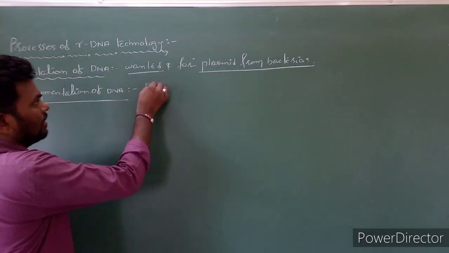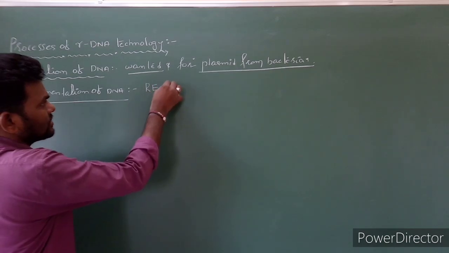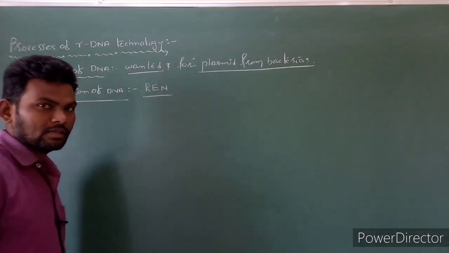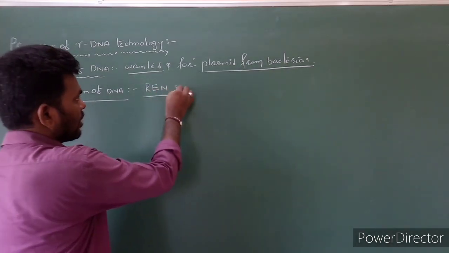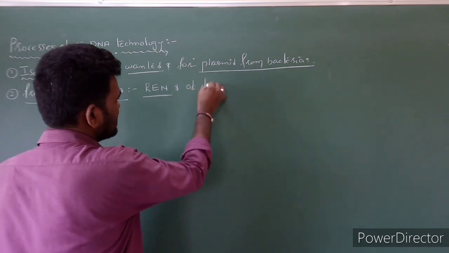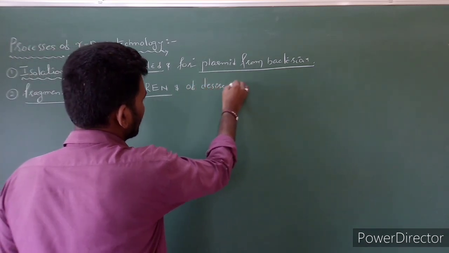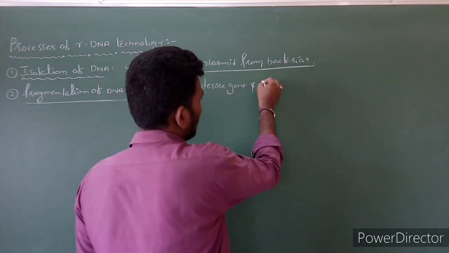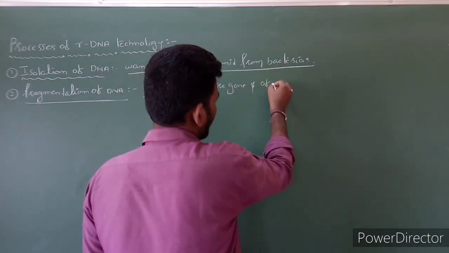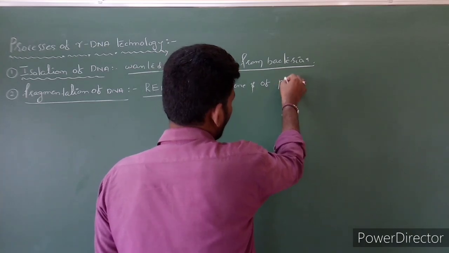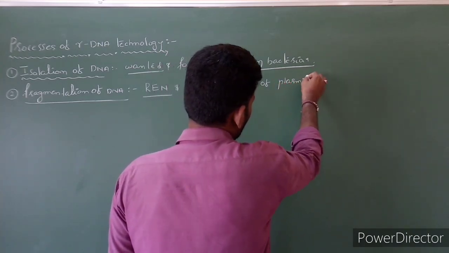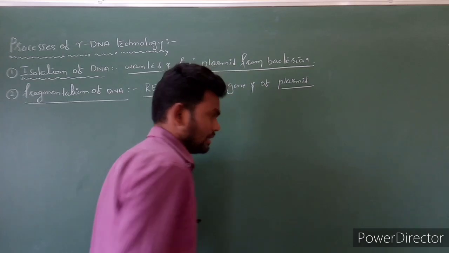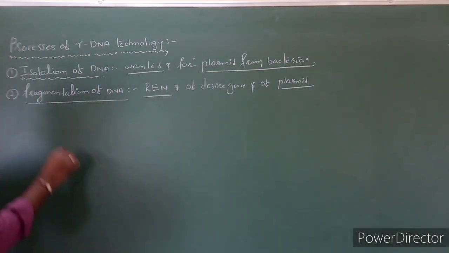Here, REN, restriction endonuclease enzyme, is used for fragmentation of the desired gene as well as cutting of the plasmid also.